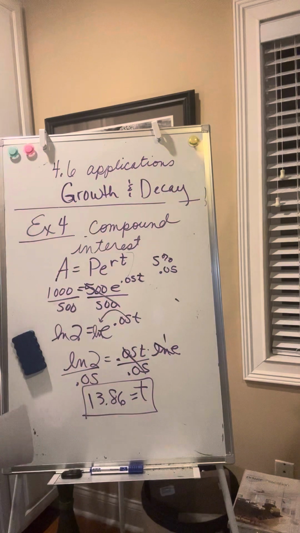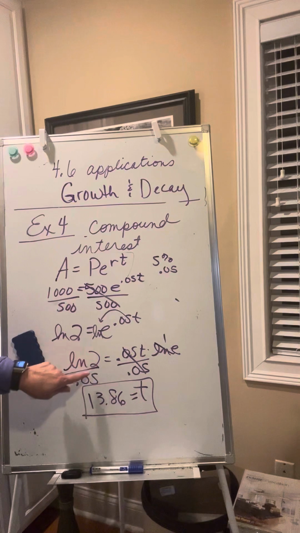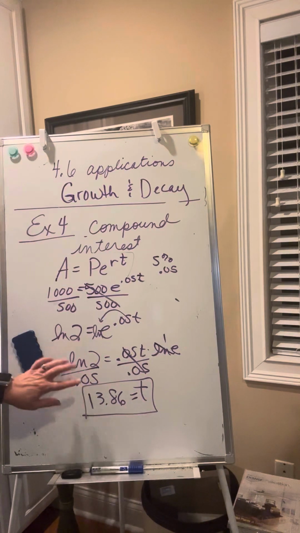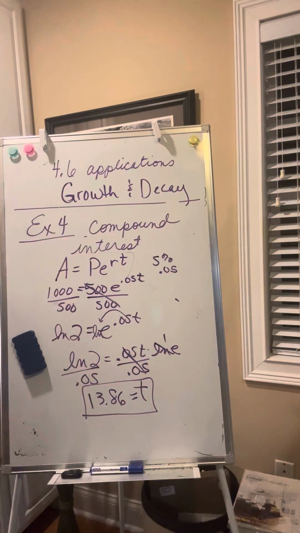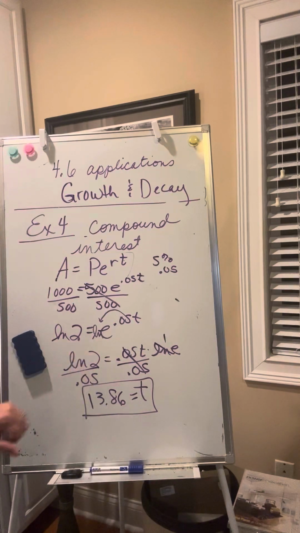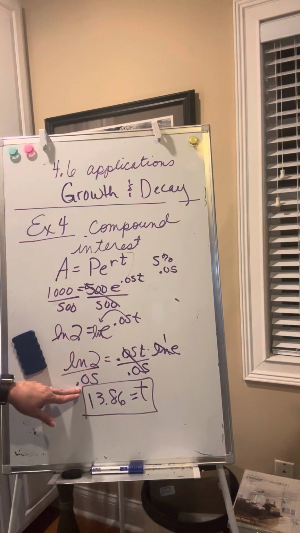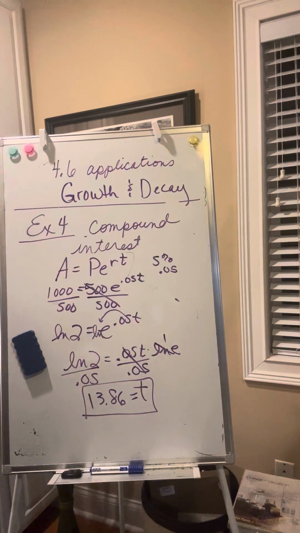You could play around with this formula because the shortcut is it's just ln of 2 divided by the rate. When you're doubling, ln of 2. If it were tripling, it'd be ln of 3. If it's a half-life, ln of a half. Whatever the increment of time is, it's ln of that divided by the rate. All right, so you could work with that formula.